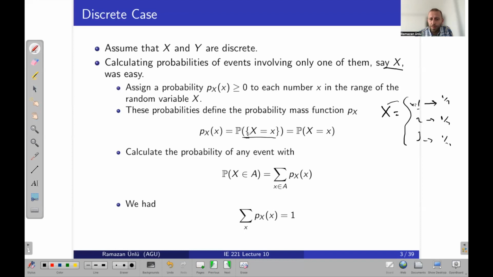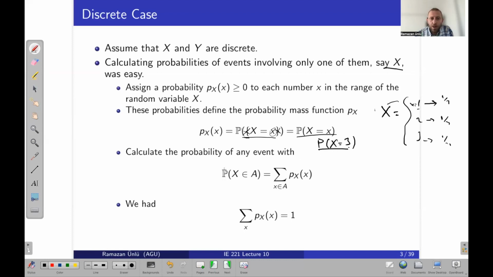Try to understand the meaning of this: the capital X is the random variable, and the small x is the value. That representation is a little bit tedious, so we ignore the parentheses and use the shorter one, like the probability of X equal to 3, meaning the probability of X being 3. That is the representation of the PMF. If you don't remember these things, please revisit the previous slides.